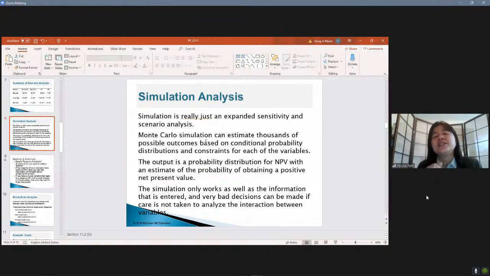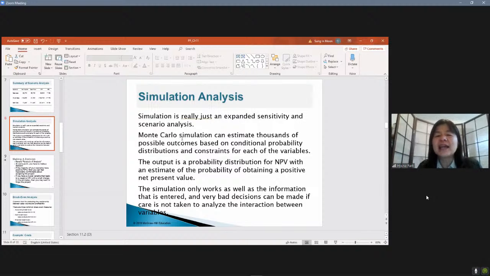framework of decision making. After you learn this basic framework, in the future, if you need to work on a real project that has hundreds of variables, it may not be enough to use just a simple Excel file to build all those different scenarios.